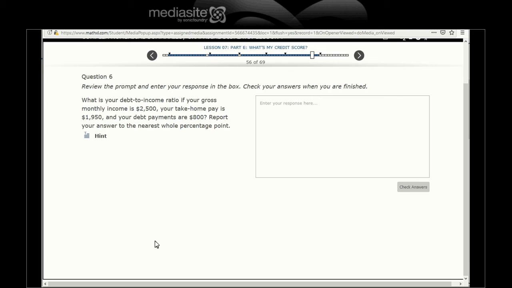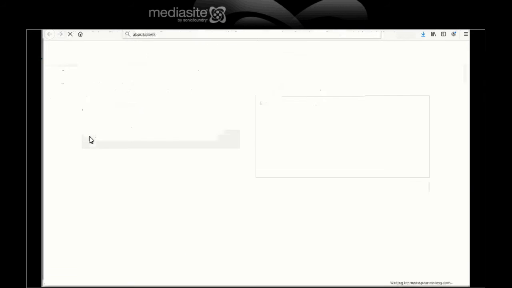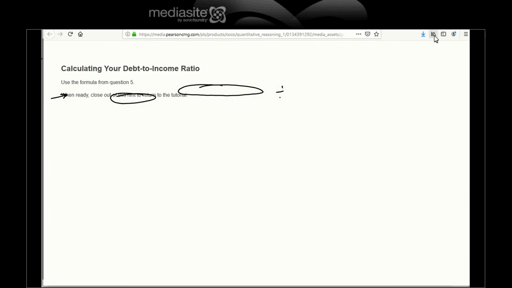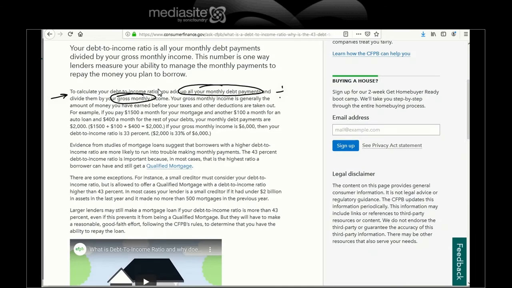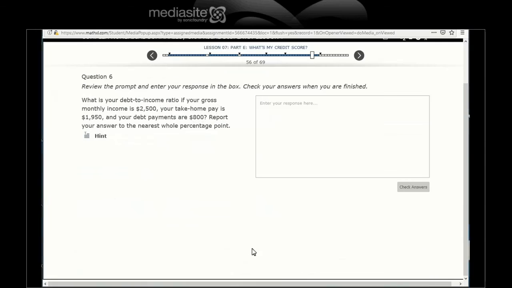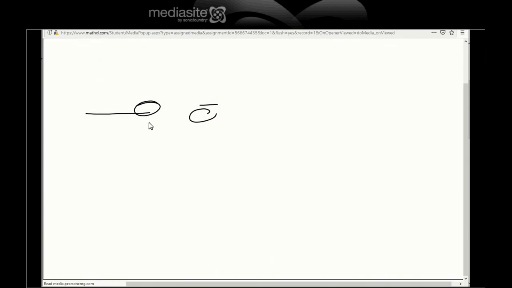Okay. So what's your debt to income ratio? If your gross monthly income is $2,500, take-home pay is $1,950, so about $550 is taken off for whatever reasons, and your debt is $800. Now recall, go back a page.